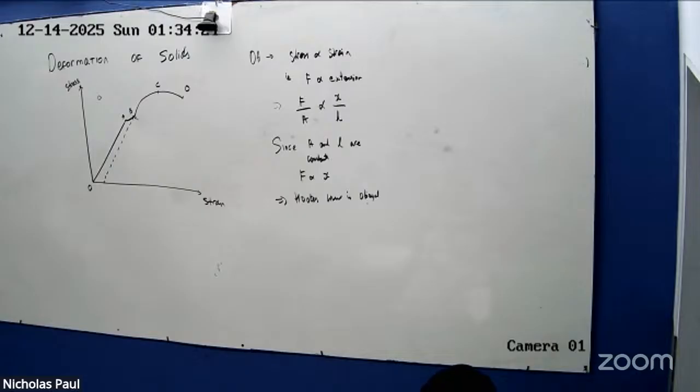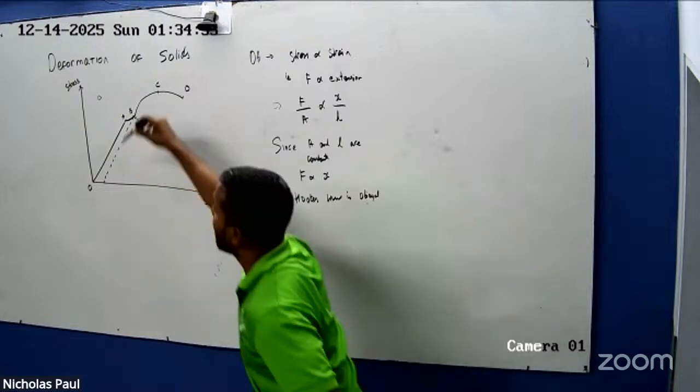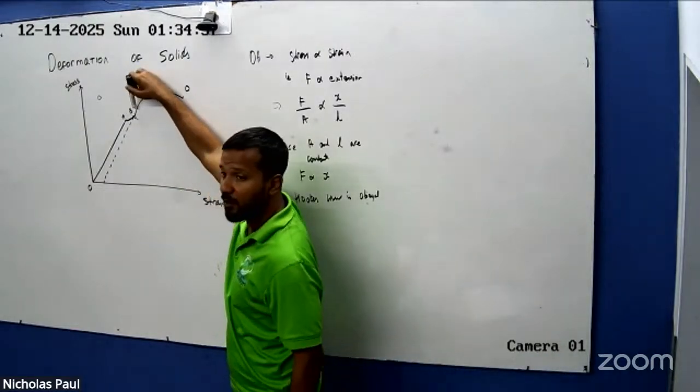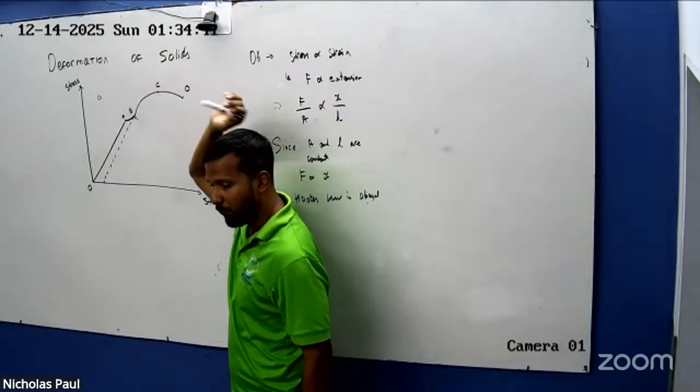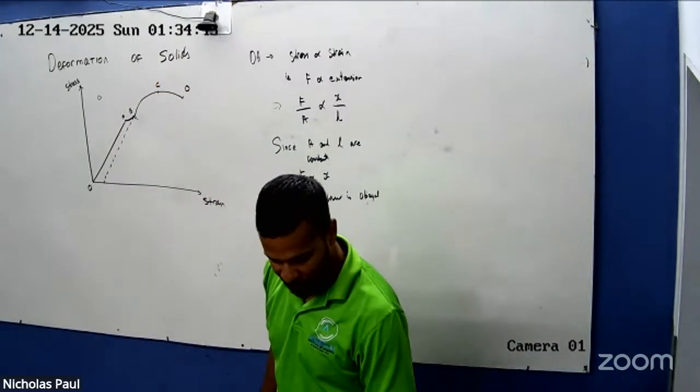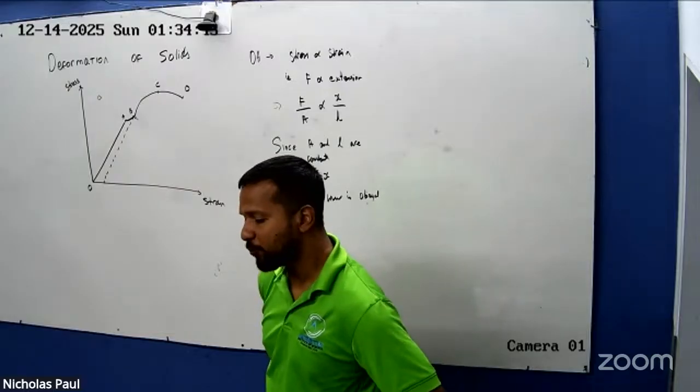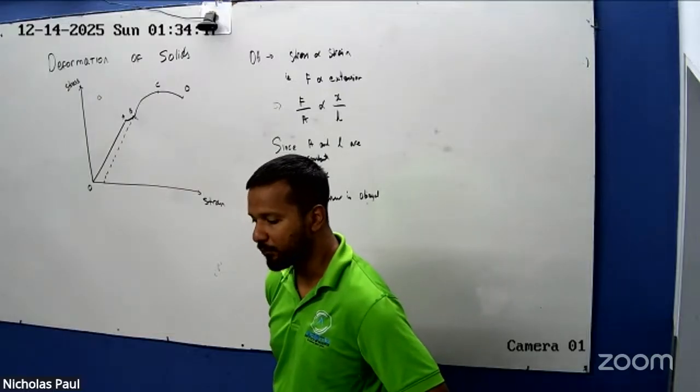A is the limit of proportionality beyond which Hooke's law is not obeyed. That's right here. Once you go beyond A, Hooke's law is not obeyed.